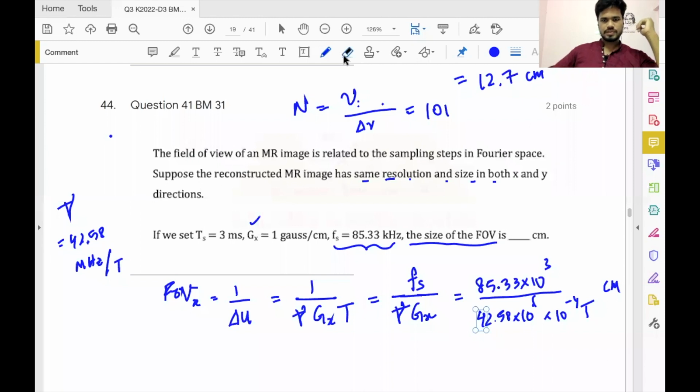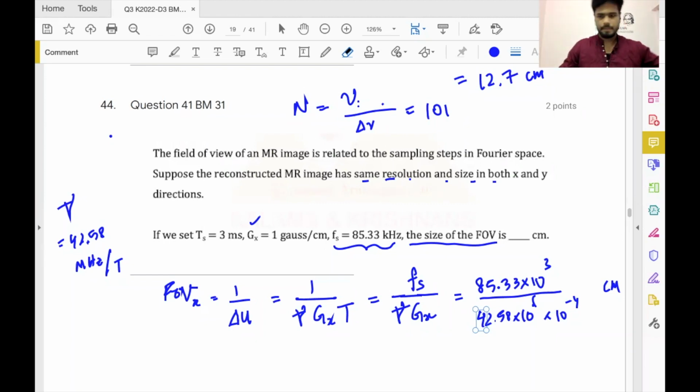And what do we get for this number? We have 2.03, 20.04. We have a mix of answers. Which number is correct?